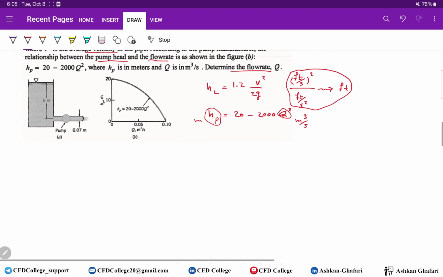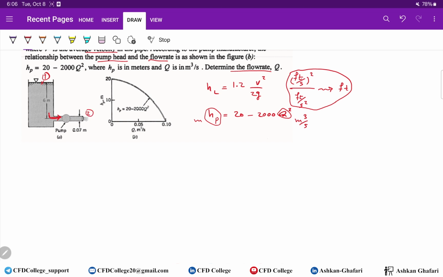So first things first, we have this fluid flow. Since we have the fluid flow and the pump, we should use energy equation. First, we need to identify key points. This is a free surface, point 1, and we should follow the flow. Here is the outlet, so it's point 2.